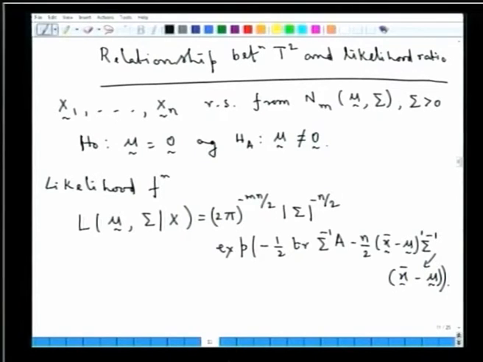That was the simplified form of this likelihood function.